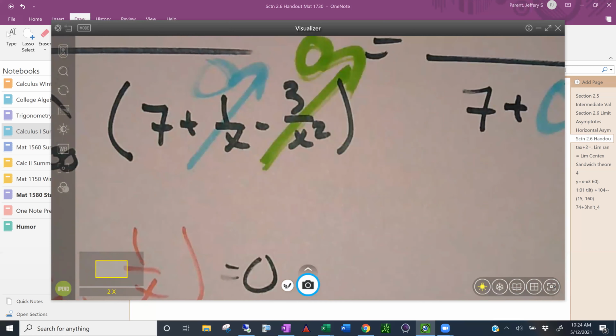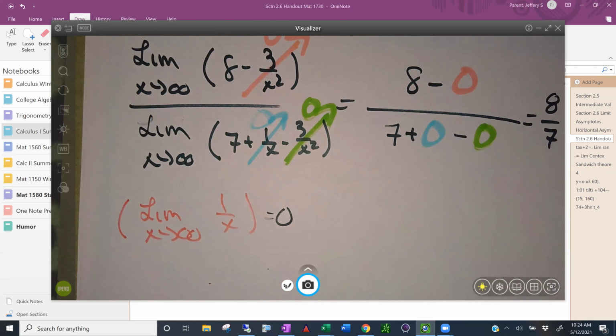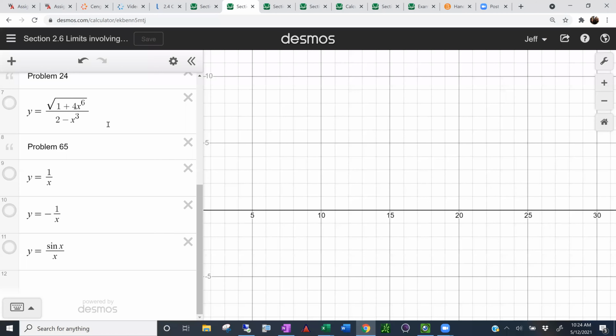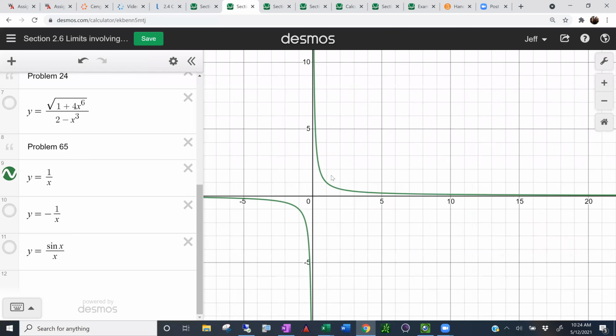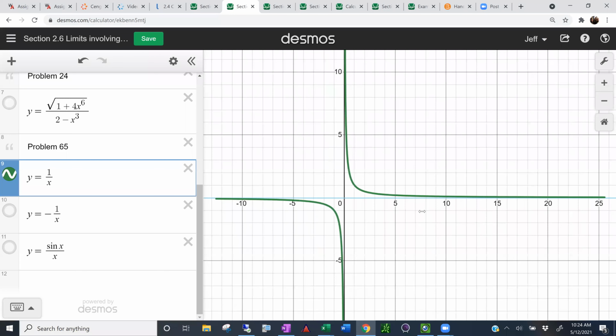Okay, thank you. Yeah, you could also see that on the graph. If you looked at it on the graph, and I don't know, does anyone have any idea where we could go to see that? Oh yeah, maybe Desmos. There we go. Take a look. As x approaches infinity, kind of ride this roller coaster all the way. As x approaches infinity, that line is getting really, really flat.